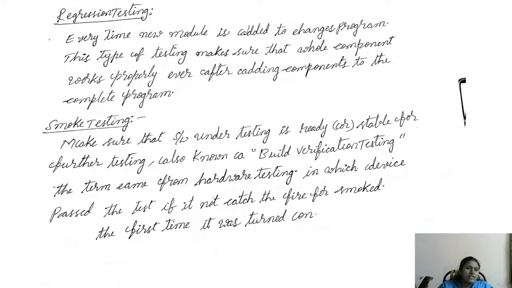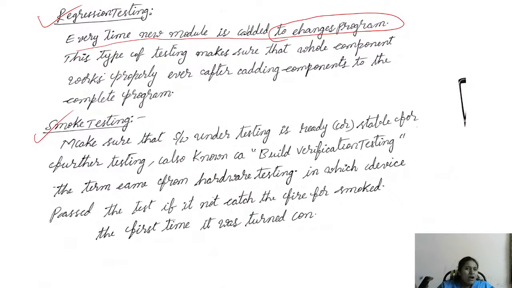Next, what are regression testing and smoke testing? Regression testing is done every time a new module is added or the program is changed. Suppose after some time the customer wants to add a new module to the project.